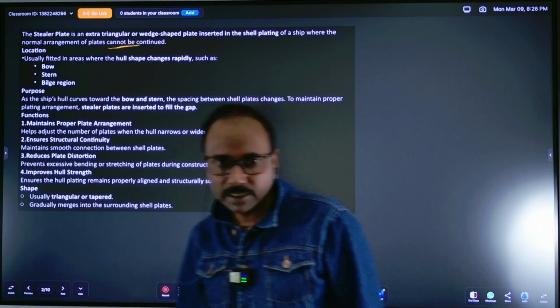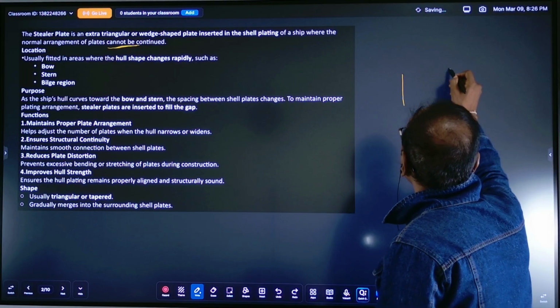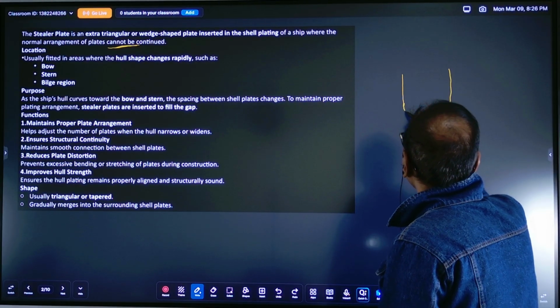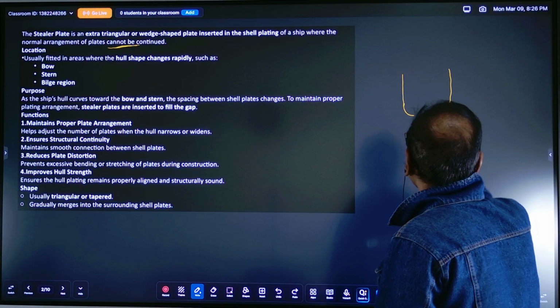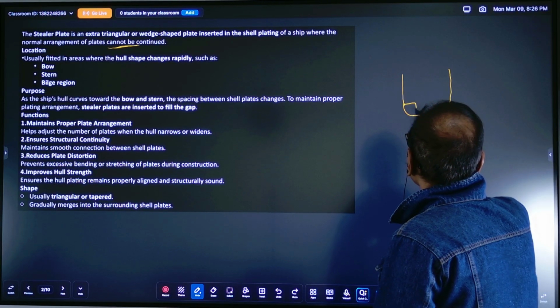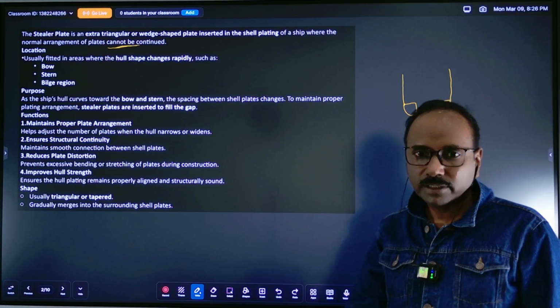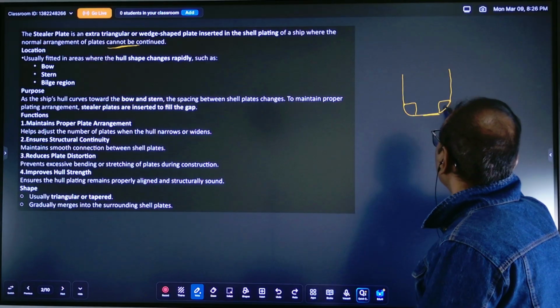Bilge region, I think you understand what the bilge region is. If this is the ship's hull, this is the bottom plate. So this area is the bilge area where the cross section area is changing.